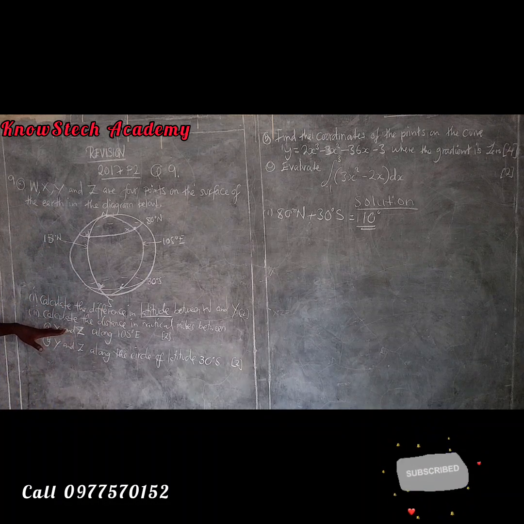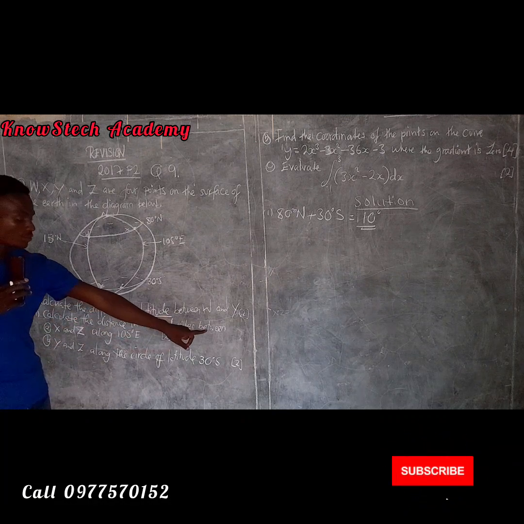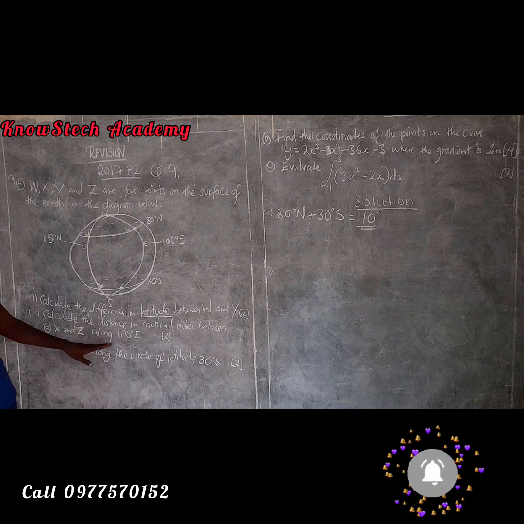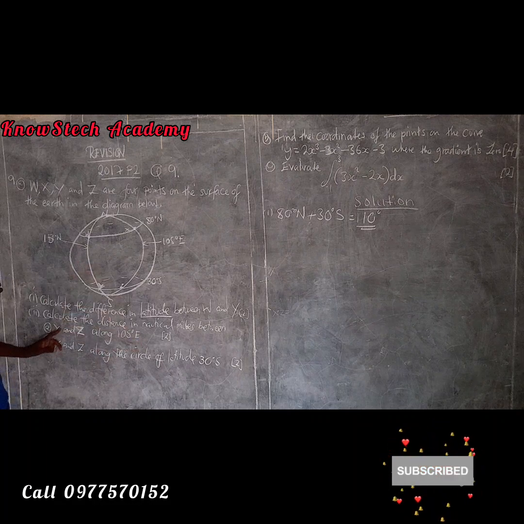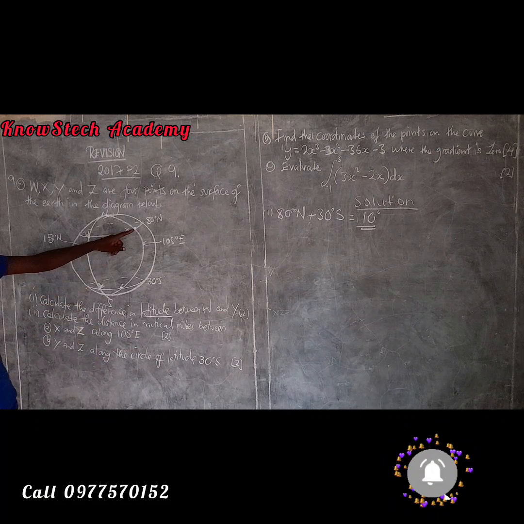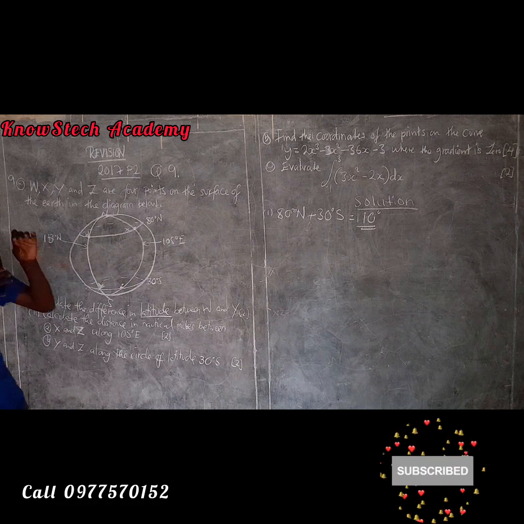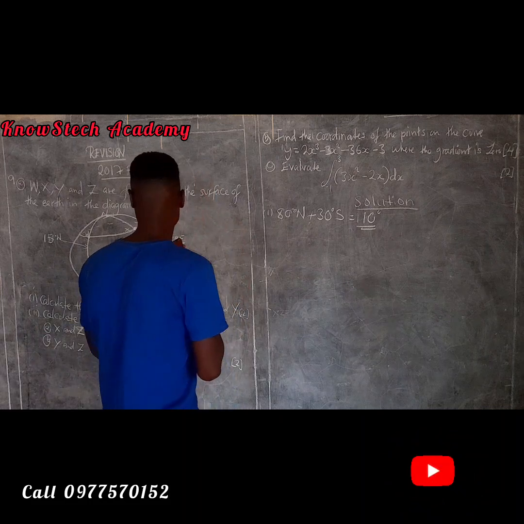The second question is: calculate the distance in nautical miles between X and Z along the line of longitude 105 degrees east. X is here, and this is the line of longitude. So when you are finding distance along the line of longitude, this is what you do.